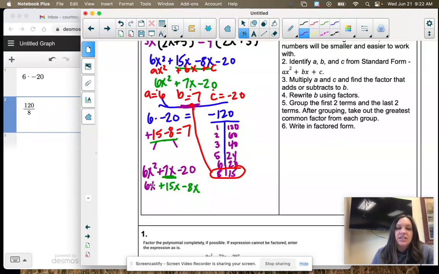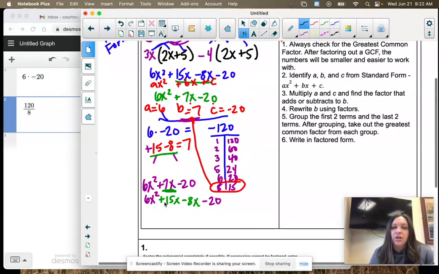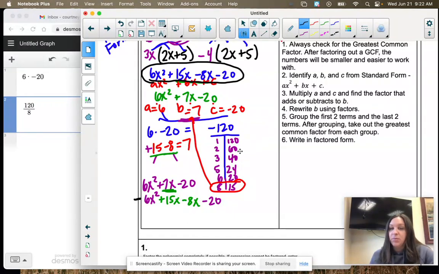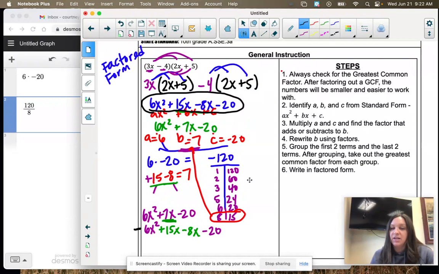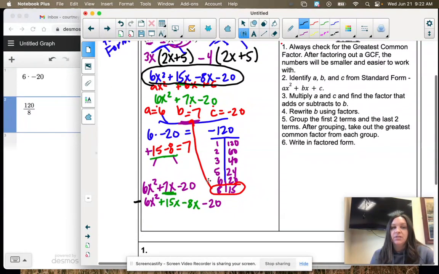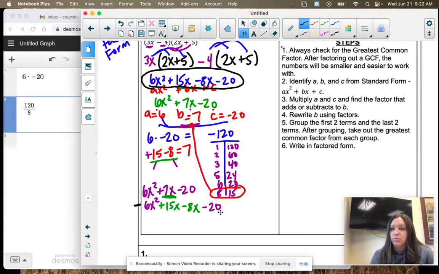And then the 6x squared and the 20 just come along. So I want you to notice what we just wrote here is this. Okay, remember, we're going backwards to factored form. We're going to see all of these steps pop up. So we just wrote this out. Whoa. Okay, now we're going to factor.